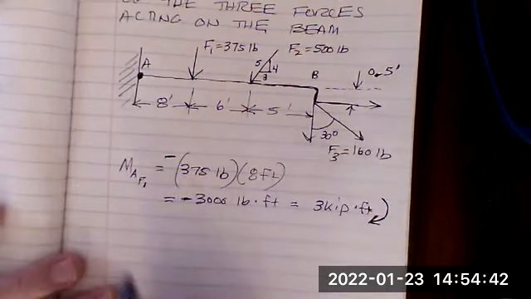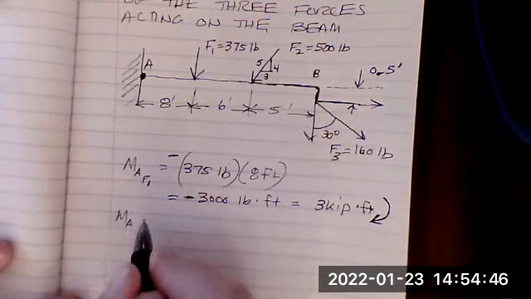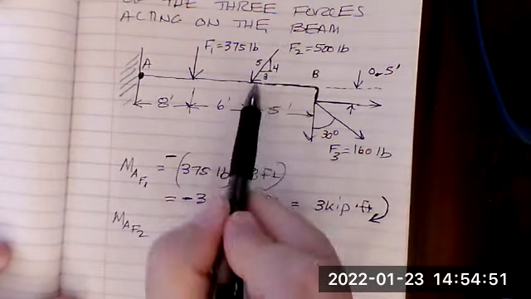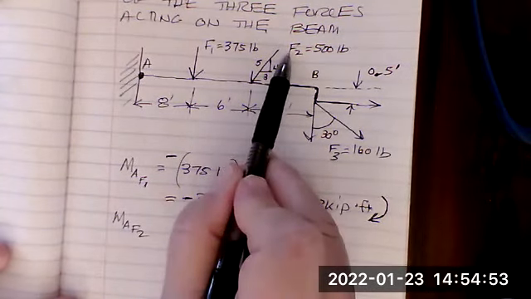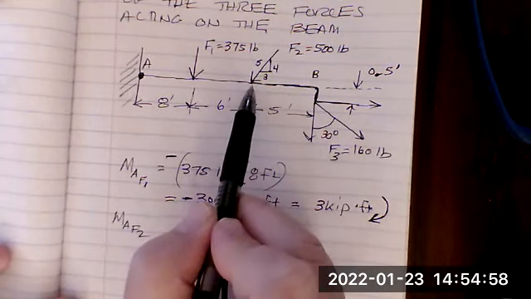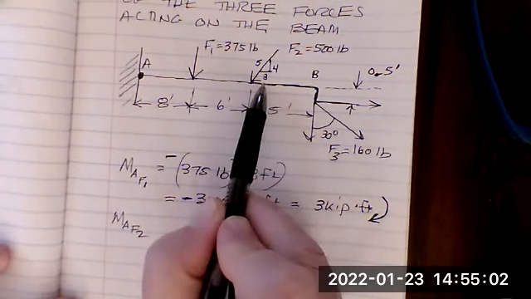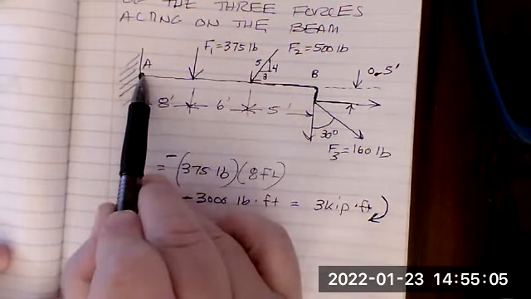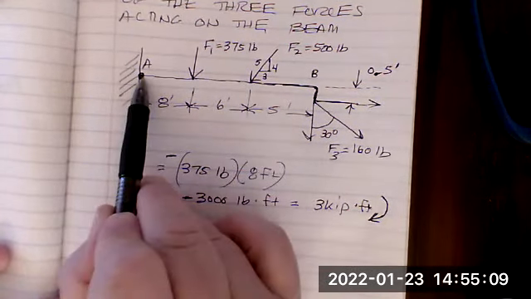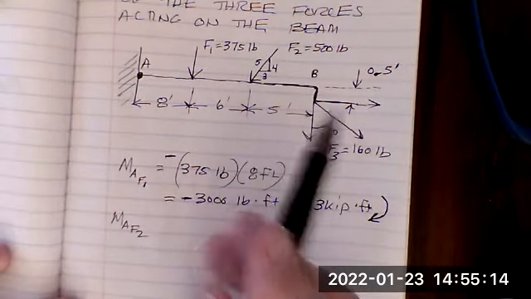Now let's do the other one. The moment about A with respect to F2. If you look at force F2, which is 500 pounds, it is applied at an angle, and the force triangle is 3, 4, 5. Notice the horizontal component is not going to contribute to rotation about A, because it is going to intersect A. So you need the vertical component of this force.